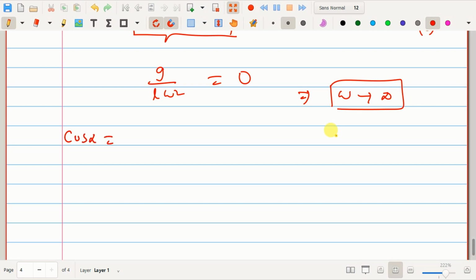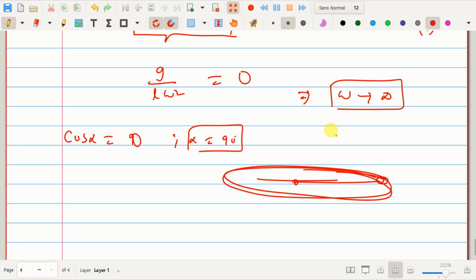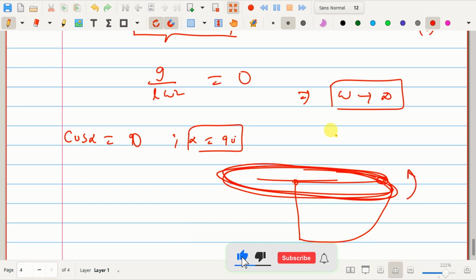At what value of angle alpha will cos alpha be 0? We know alpha is 90 degrees. Whenever you have it hinged here, this object will come to this point and go like this. So if your omega is bigger and bigger and bigger, this whole system will go in this situation and do the circular thing here, which is kind of impossible.